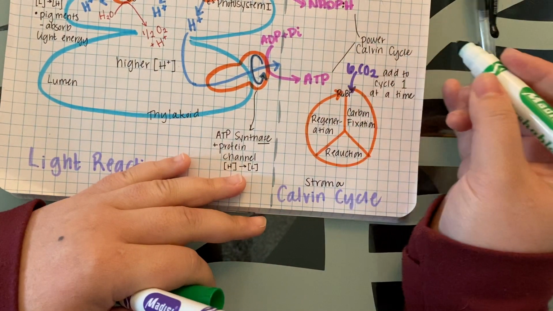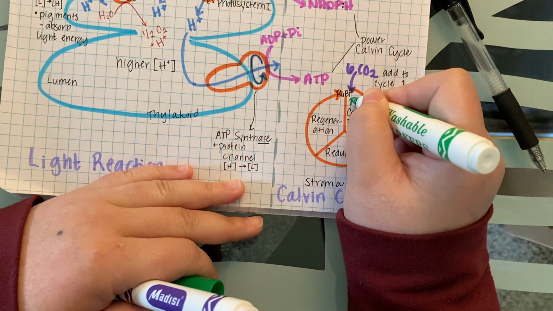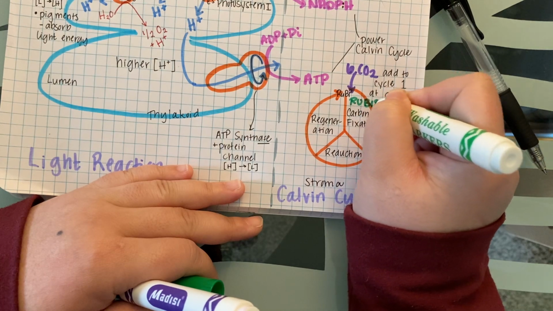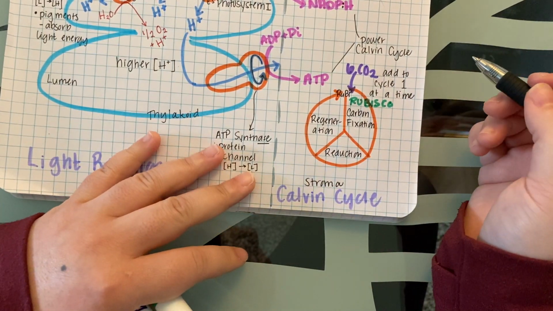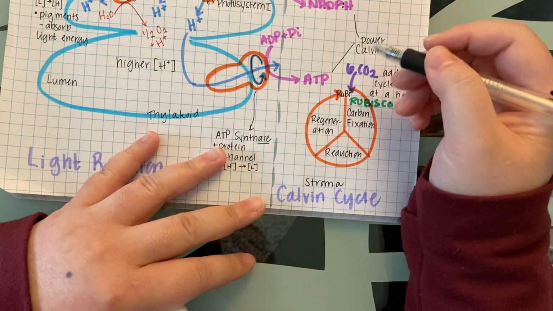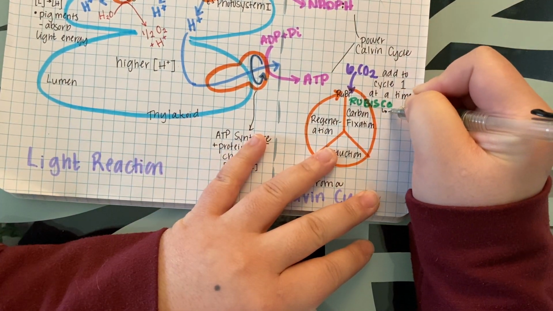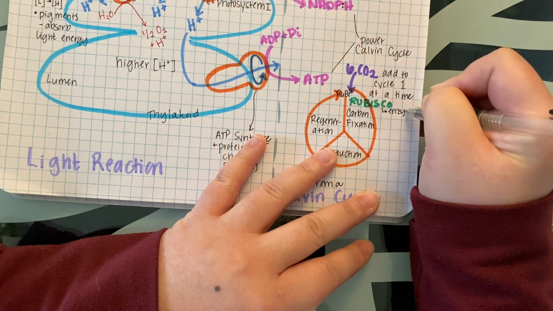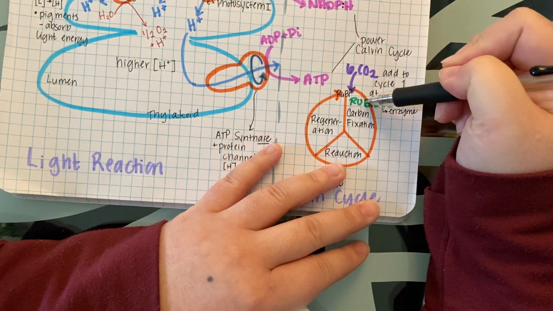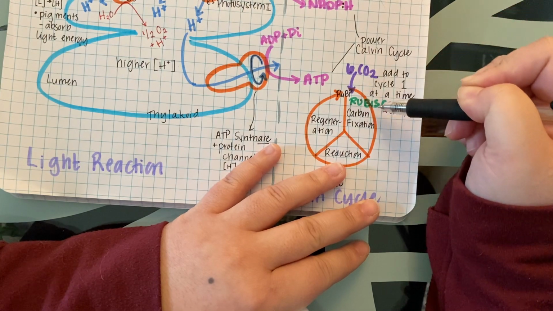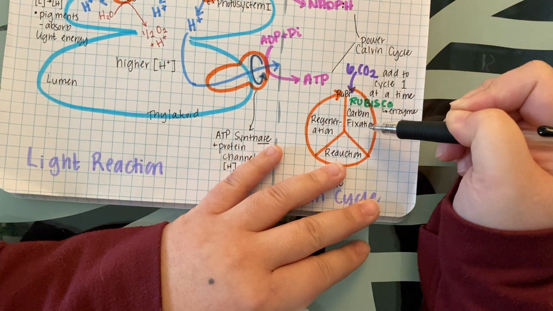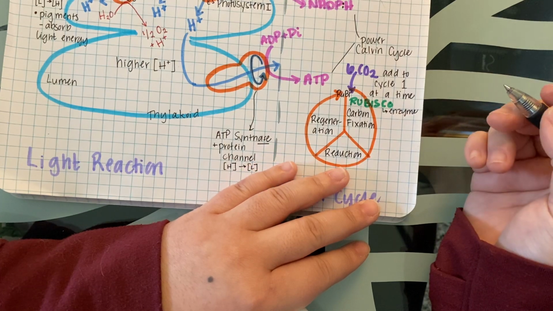It sounds like Crisco. It's an acronym. I can't remember what it means, to be honest. So rubisco is an enzyme, and it's going to bind RuBP with CO2 and create a product that is both of those things together. That's the carbon fixation stage.